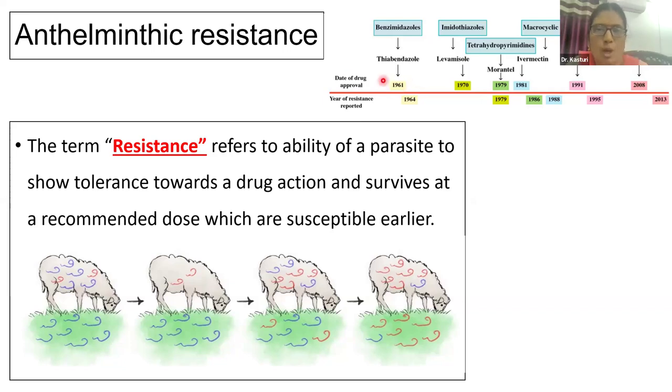The numbers above the timeline indicate the years these drugs were approved for release into the market, and the bottom years indicate the year resistance was reported. Comparing the year of approval with the year resistance was reported, the range is within 3 to 9 years. Many drugs in these classes have developed resistance, meaning the parasite is able to tolerate the action of these drugs.